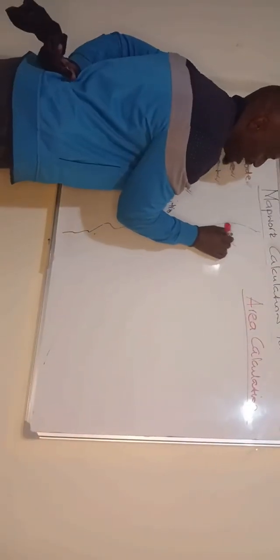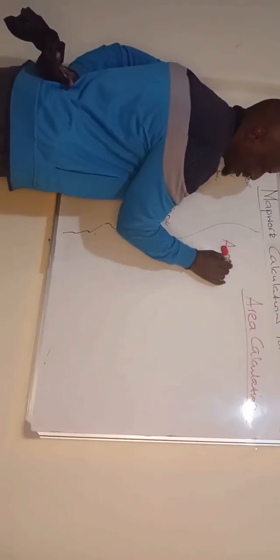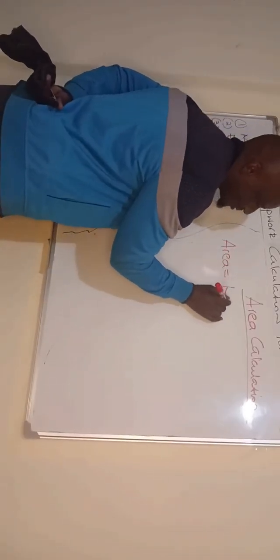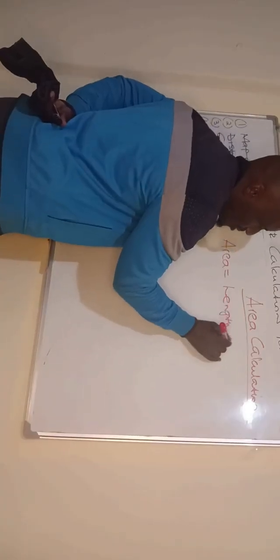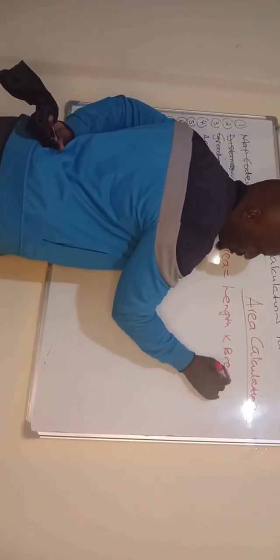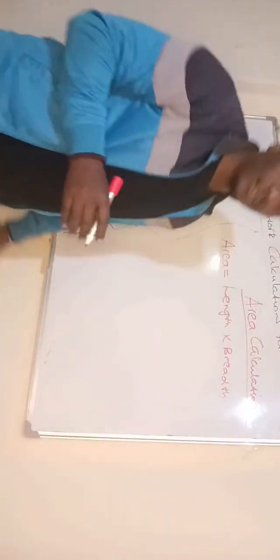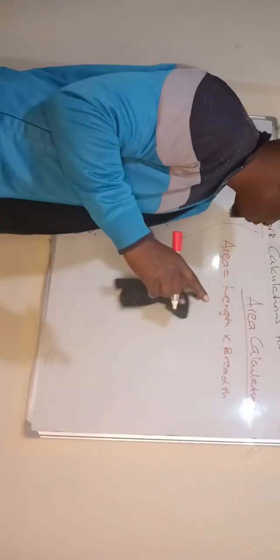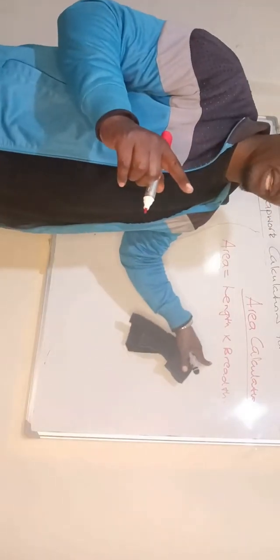They say area is equal to length multiplied by your breadth. This is what they usually give you on your question paper. But you have to know that you multiply your length times scale and your breadth times scale.